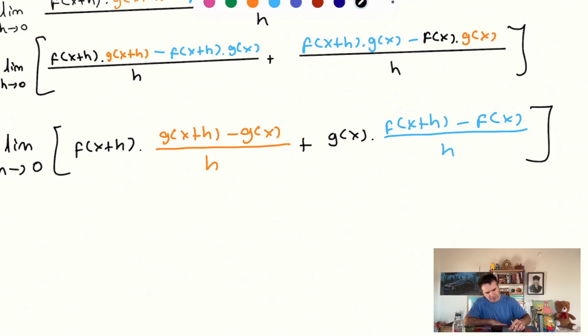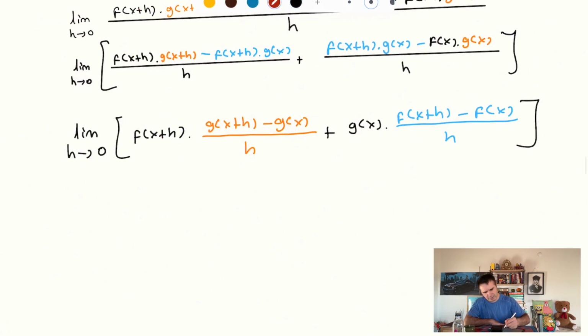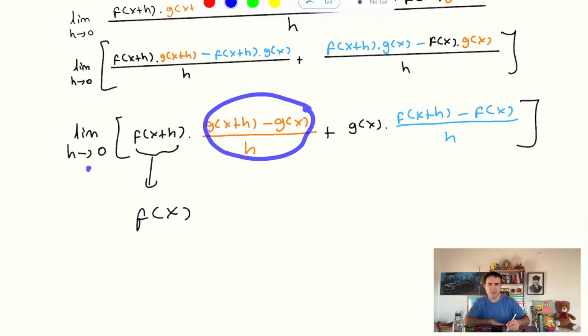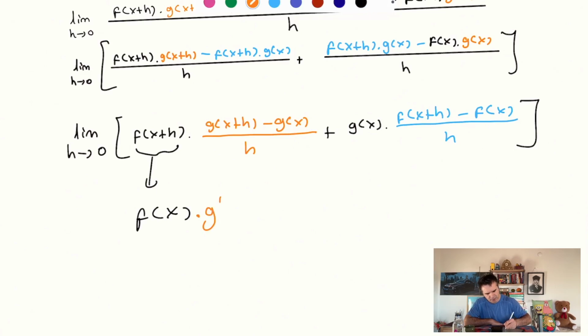As you can see here, this is the limit as h goes to 0. This part will go to f of x. And as h goes to 0, this part is g prime of x. And plus, as h goes to 0, this is g of x again.